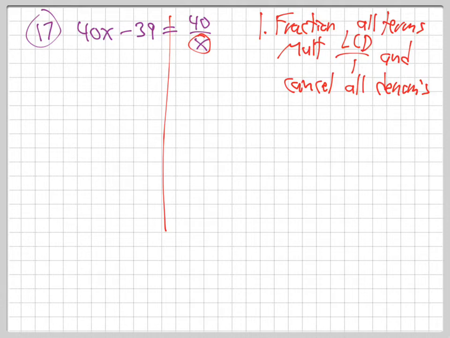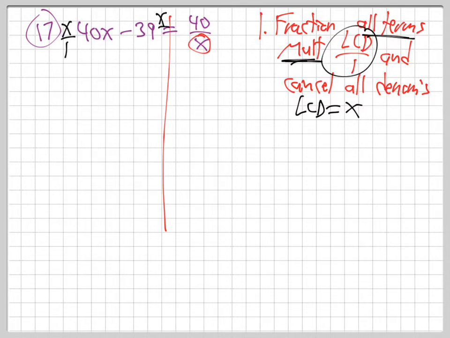You tracking with me, right? Like it says, one of each type of letter. So that's the LCD. Okay, so the LCD is x. And what do you do with the LCD? Multiply LCD over 1 to all the terms. In other words, x over 1 here, x over 1 there, and x over 1 there.